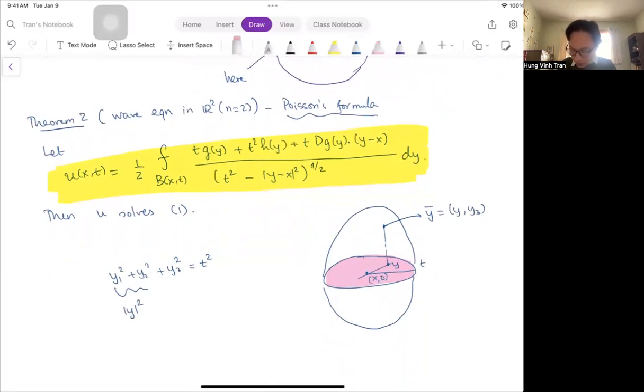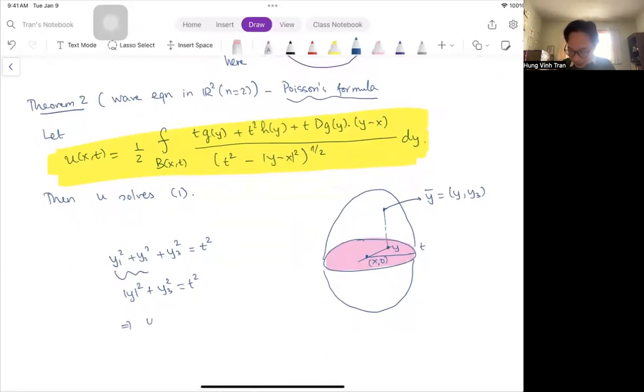Now let me write it this way: |y| squared plus y3 squared equals t squared. So right away I have y3 equals the square root of t squared minus |y| squared. For simplicity I assume that the center is 0. So this explains that I have this term here, and it represents exactly the term in the denominator here. Nothing more than that.